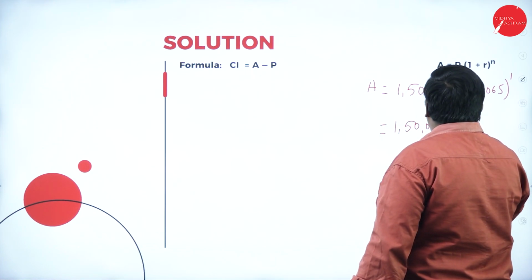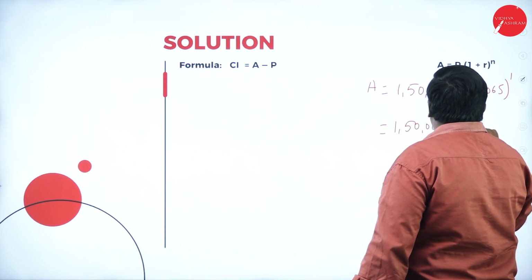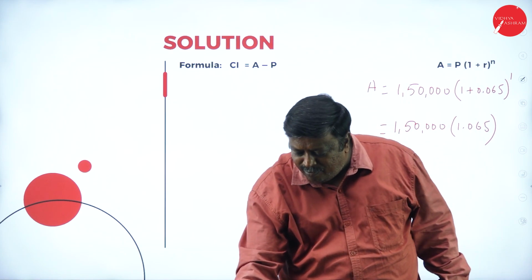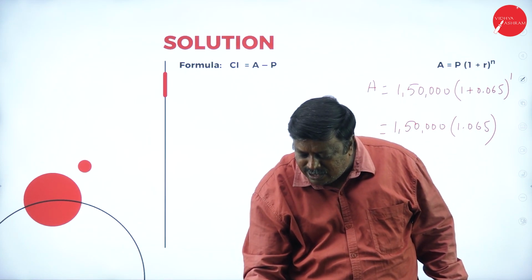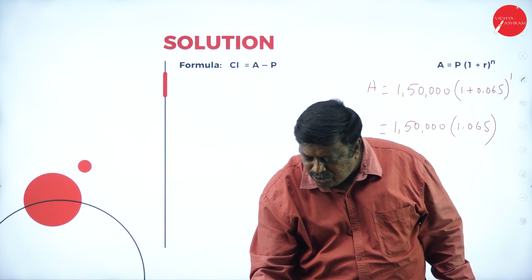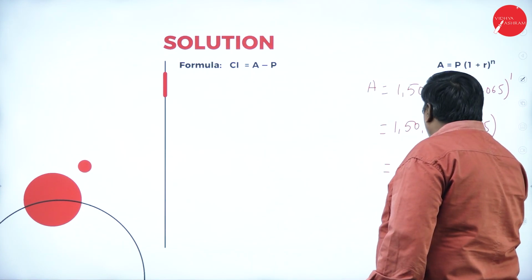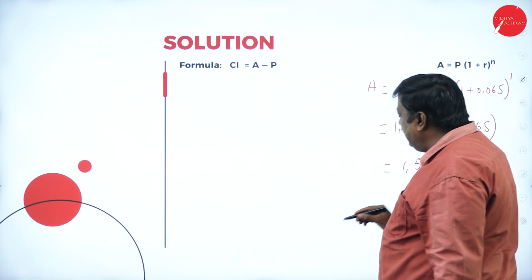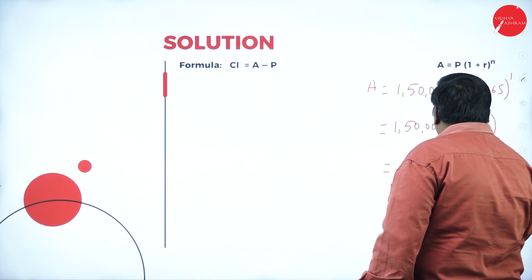1,50,000 into 1.065. So now we have to multiply 1,50,000 into 1.065. So it is going to be 1,59,750.